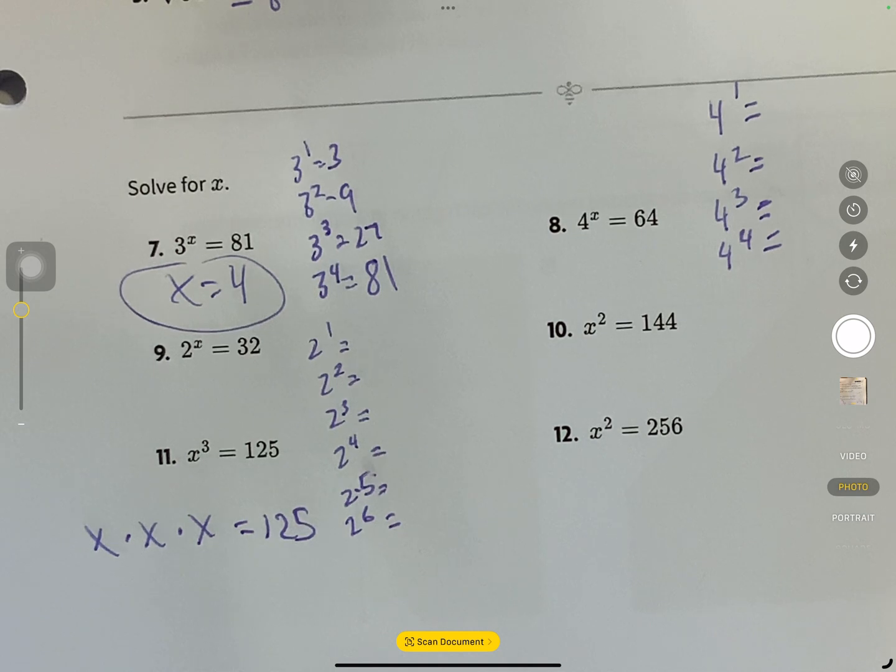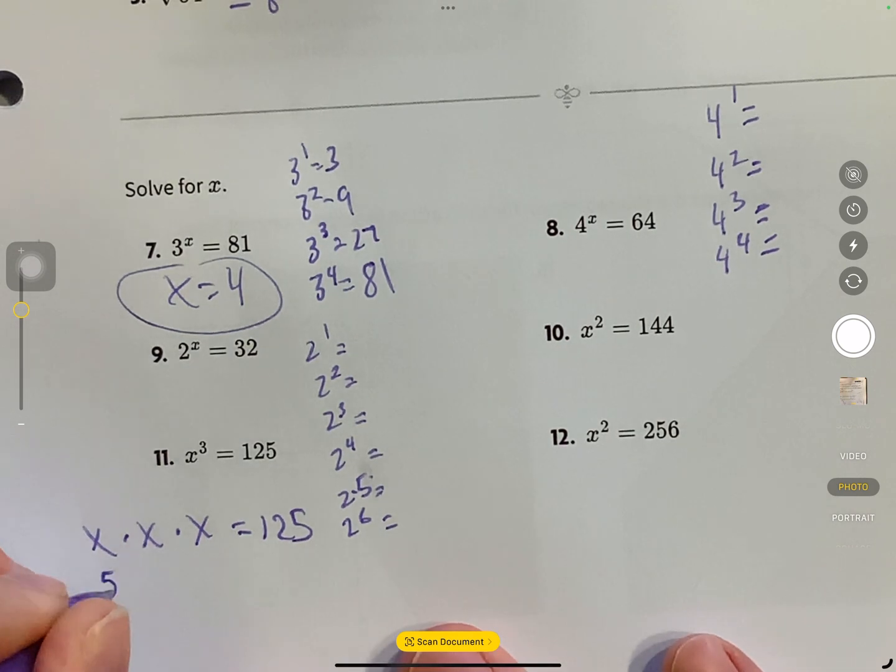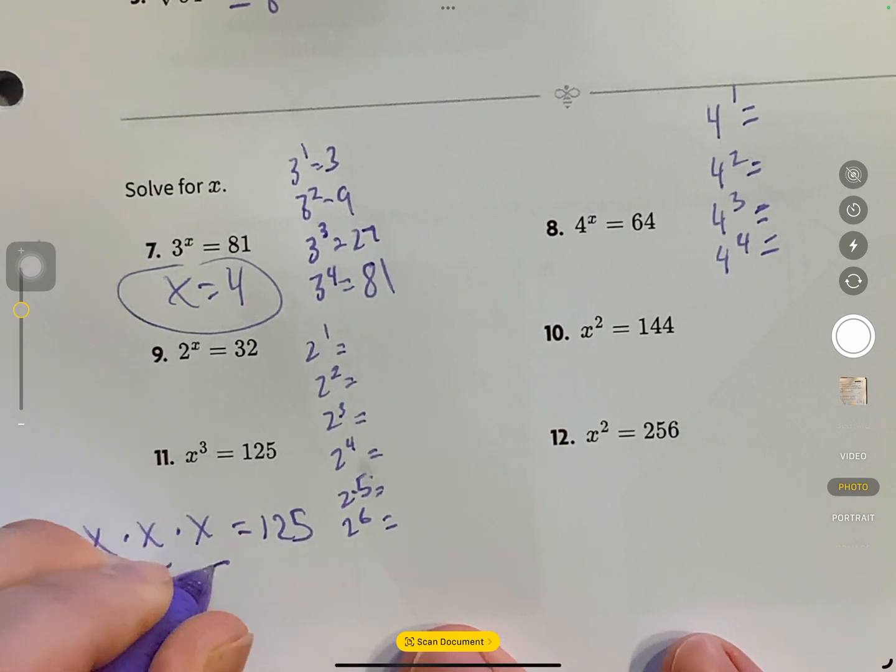That's a huge giveaway, because not a lot of numbers you can use have a 5 at the end unless it's a 5. Like you can't do 8 times 8 times 8, it's still not 5 at the end. So it's going to be 5. We can check if 5 works: 5 times 5 times 5.